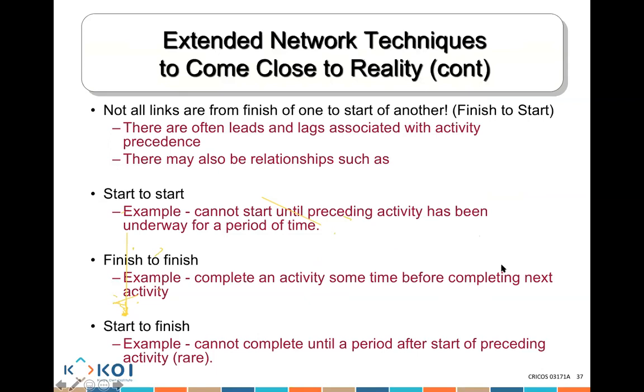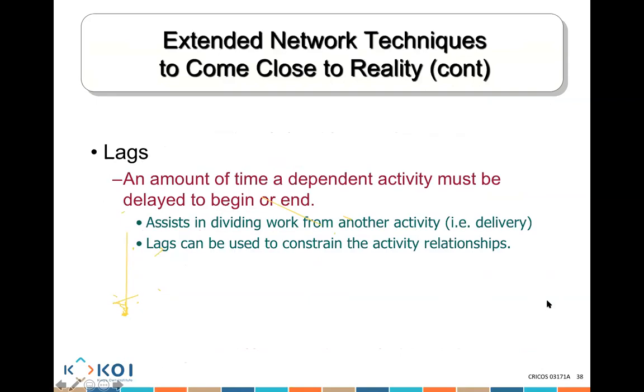Some are start to start, which means activity B cannot start until activity A starts. Some are finish to finish, which means activity B cannot finish until activity A finishes. Some have start to finish, meaning activity B cannot finish until activity A has already started. Okay, there are all of these various relationships. Some of them are rare, some of them occur more often.